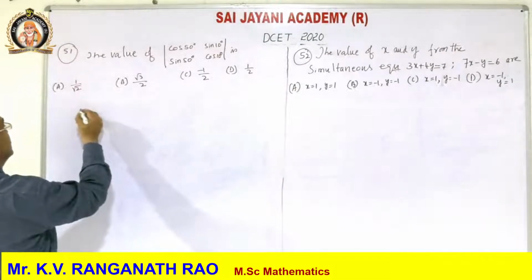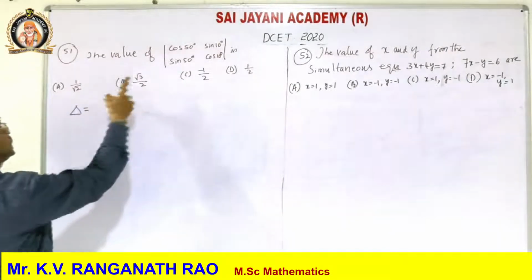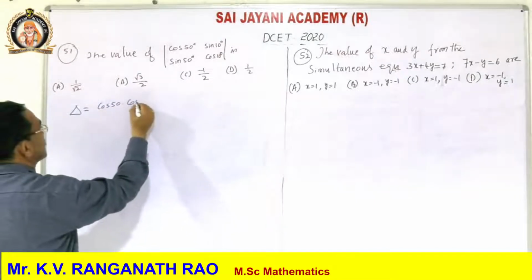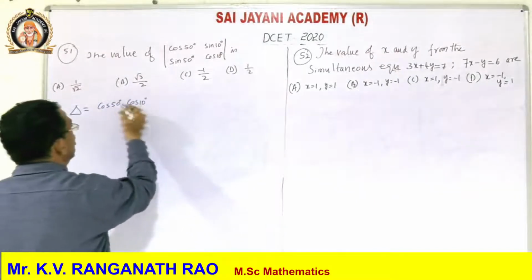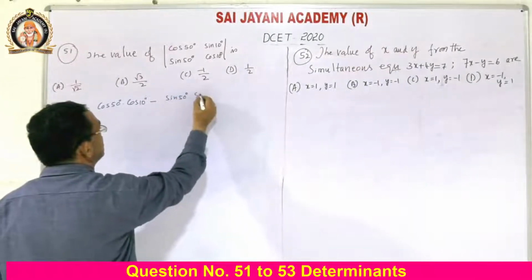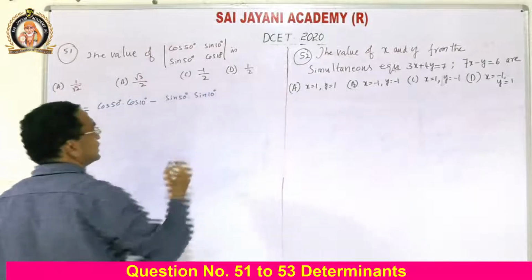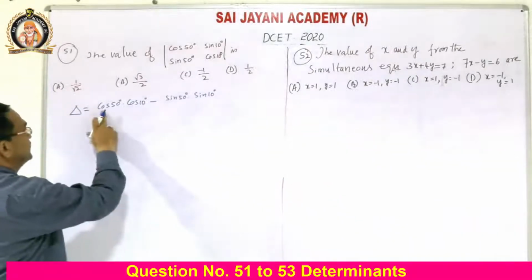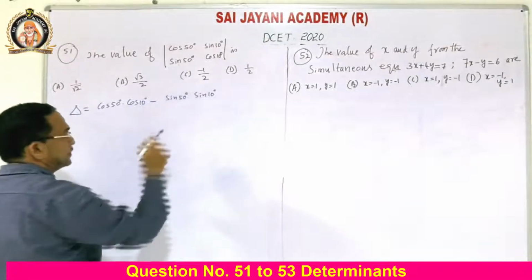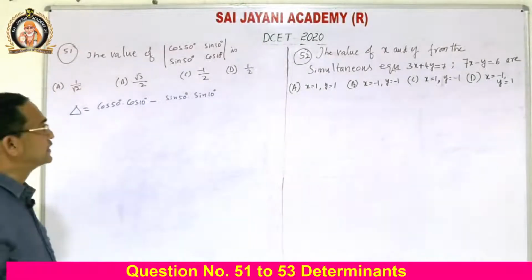So delta is equal to cos 50 into cos 10 degree minus sin 50 degree into sin 10 degree. It is of the form cos A into cos B minus sin A into sin B. What is cos A into cos B minus sin A into sin B?